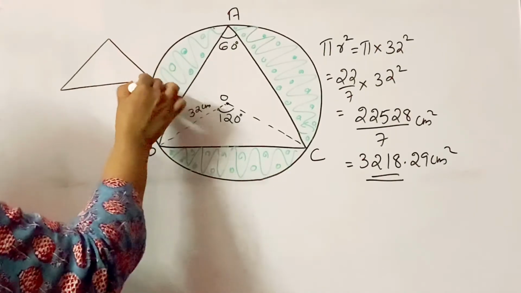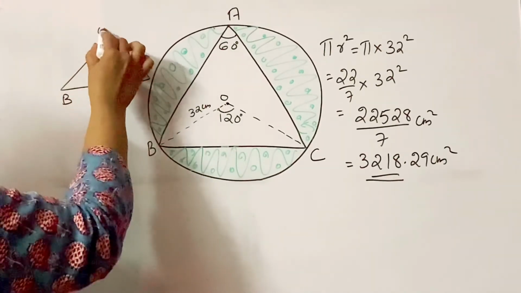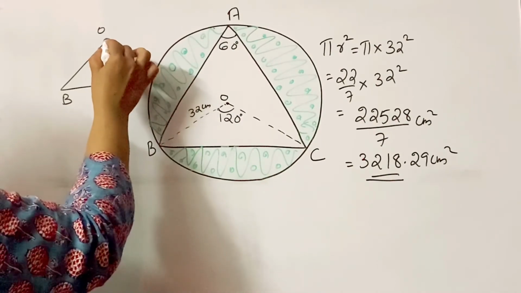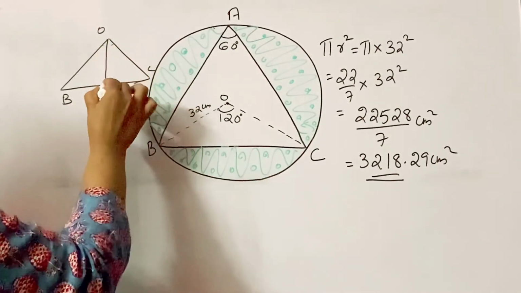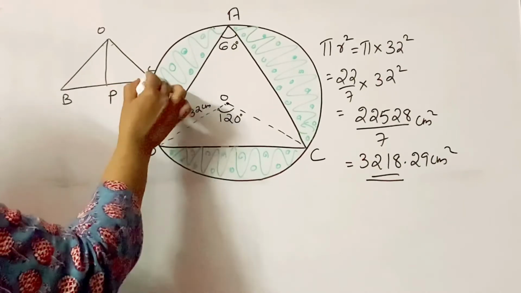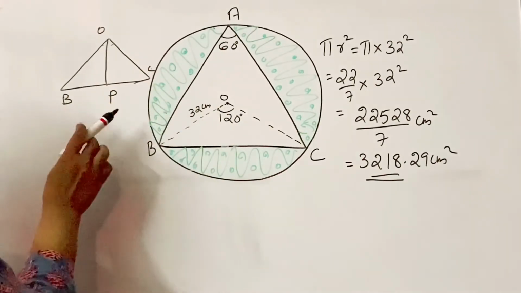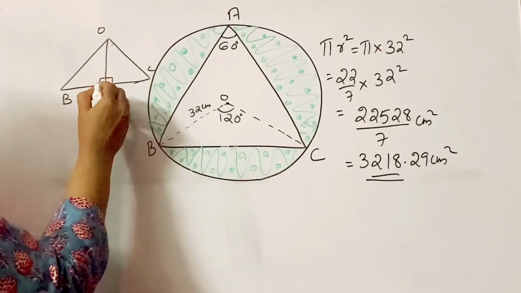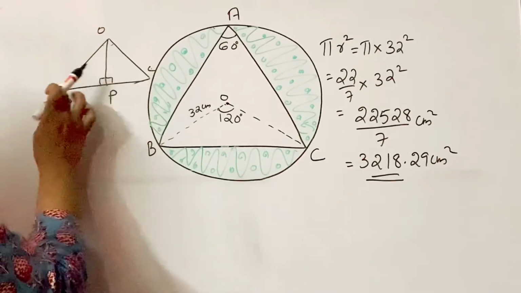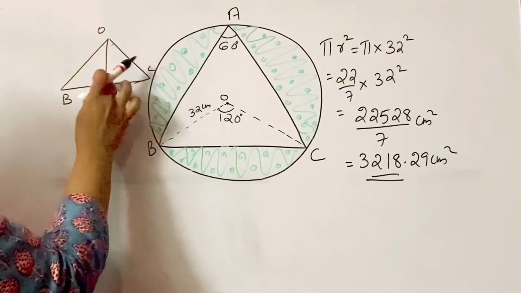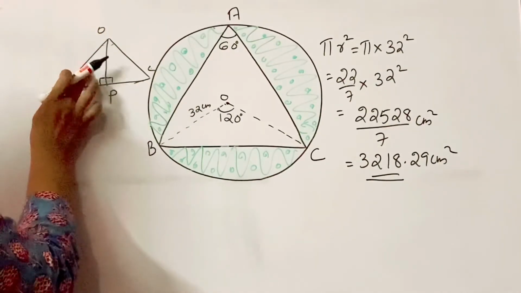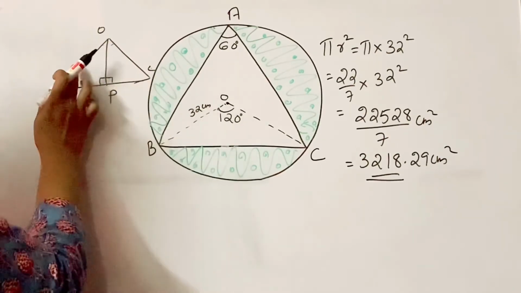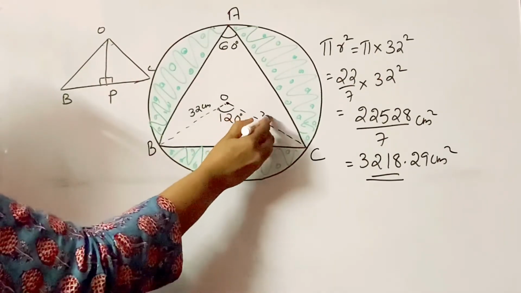Look, triangle BOC. This is 120 degrees. If I draw a perpendicular from O to BC, P is the perpendicular, OP is the perpendicular. Consider triangles OPB and OPC. In these two triangles, OB and OC are equal because they are radii of the same circle.